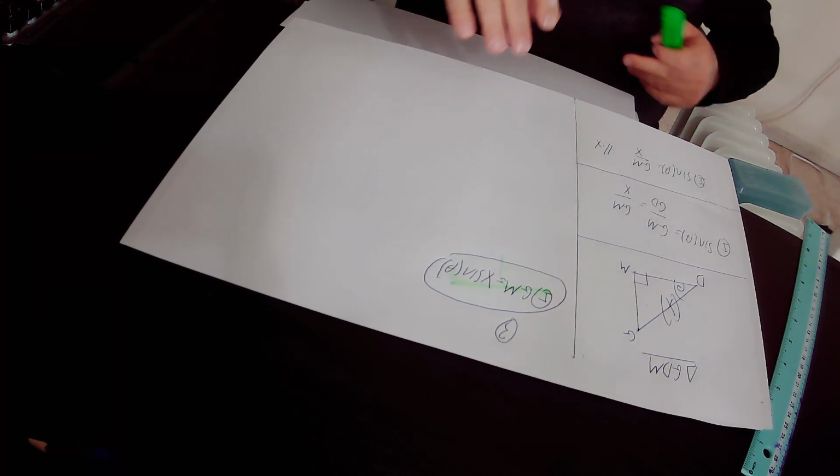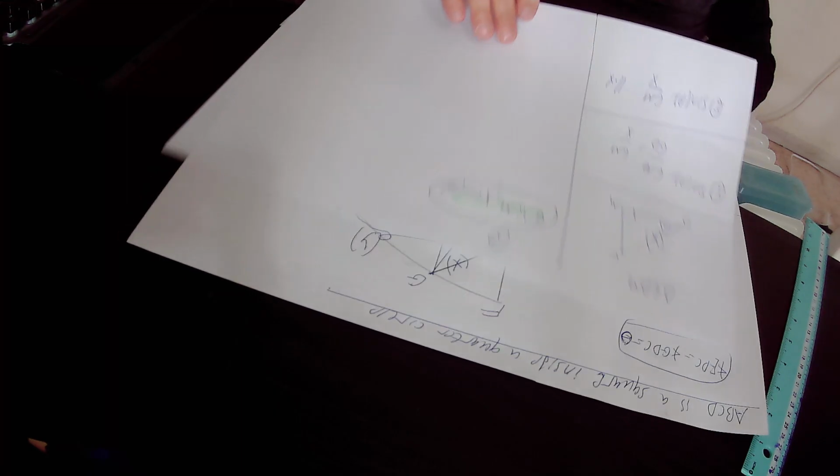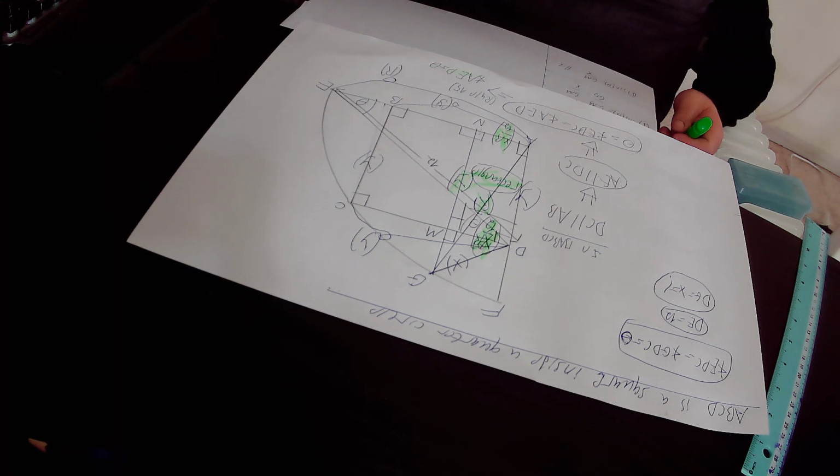In the next step, I'll copy again the right triangle ADE in a new page, and we'll continue to analyze this right triangle ADE.